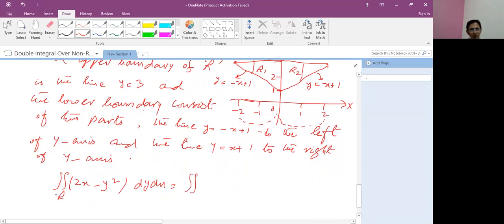So student, we are dividing this region into two parts, left and right. So double integral over R1 of 2x minus y square into dy into dx plus double integral over R2 of 2x minus y square into dy into dx.